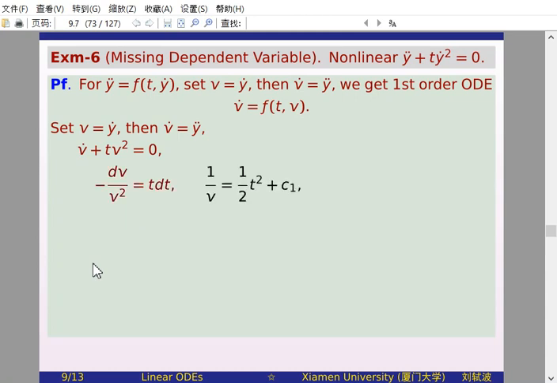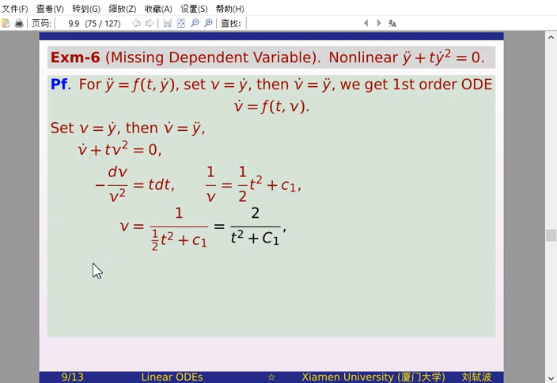The antiderivative of the left hand side is 1 over v, and the antiderivative of the right hand side is half of t squared plus a constant c1. That is, 1 over v is half of t squared plus a constant, so v is 2 over t squared plus c1.